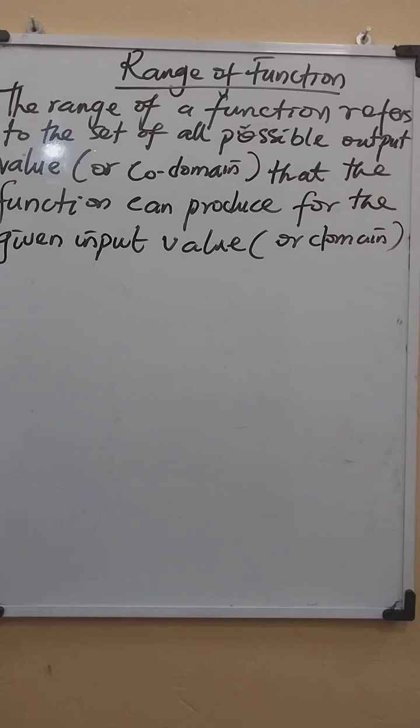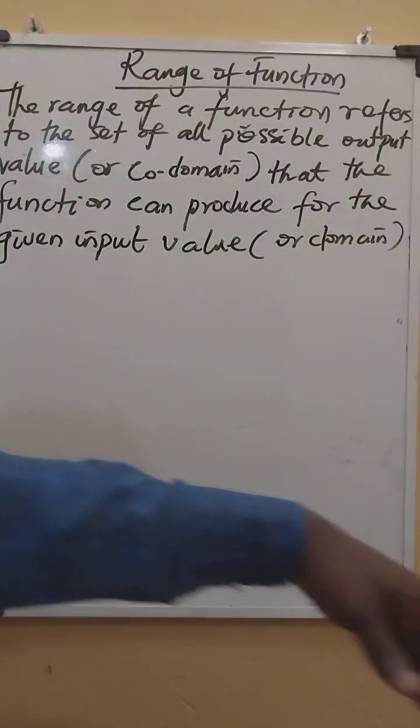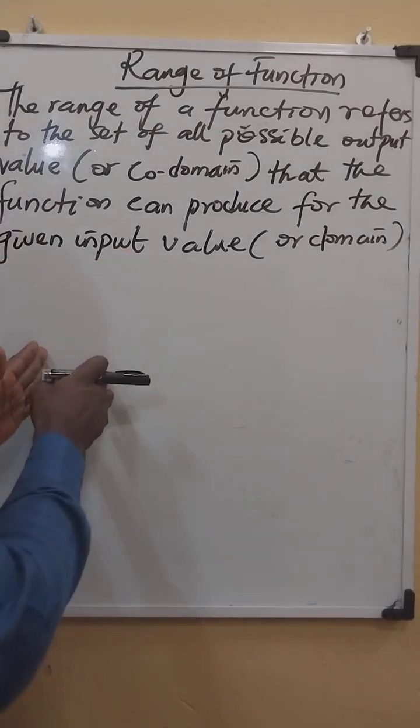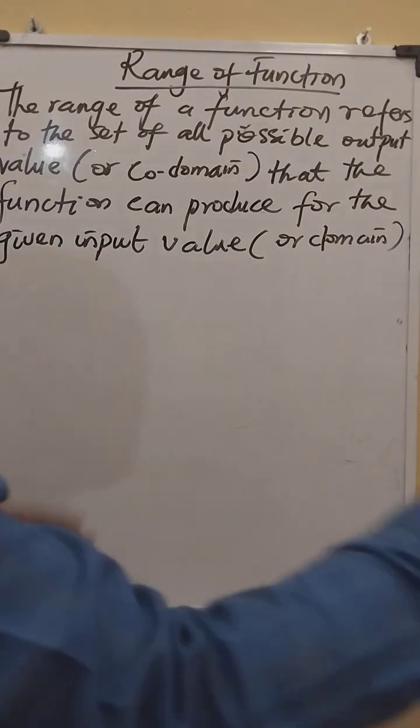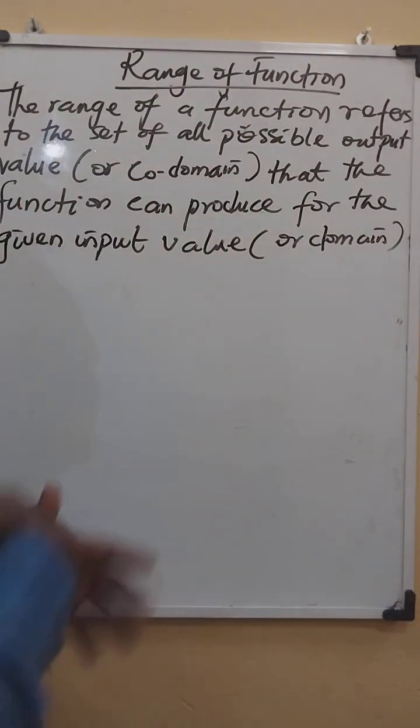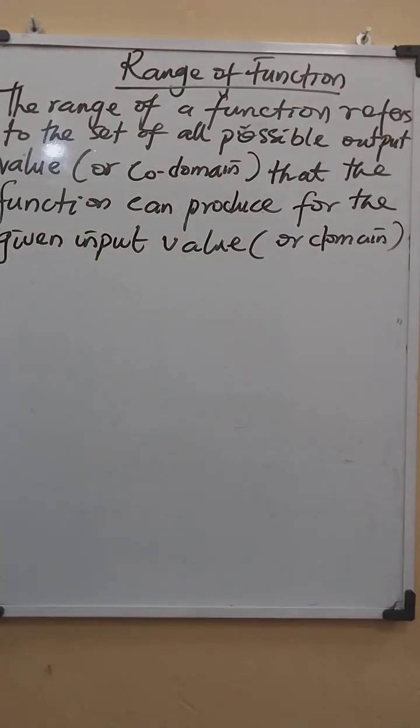The output now is the codomain. The codomain is the output value that the function can produce for the given input. The input is the domain. So the domain is the input that you use to give the output, which is the codomain. That's exactly how range of function works.